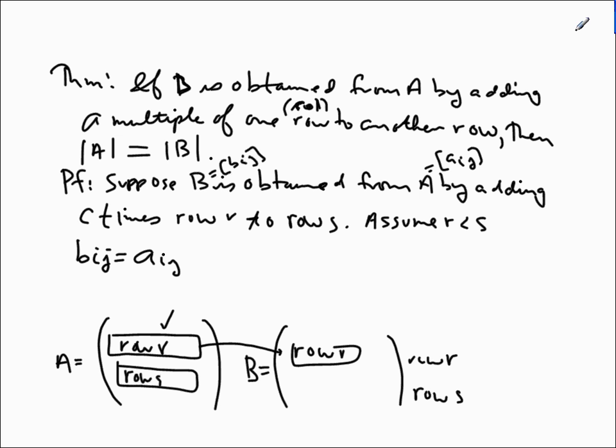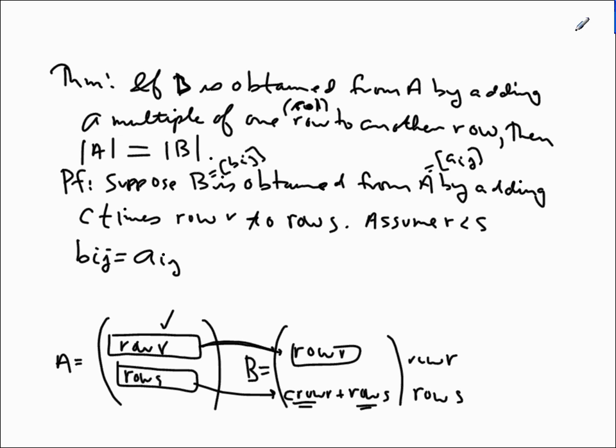Row S is C times row R plus row S. I have row S, and I added C times row R. So from A to B, even row R did not change. The only thing that changed is that row S of A and row S of B are different.